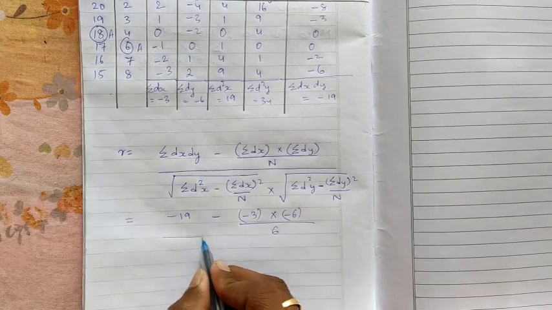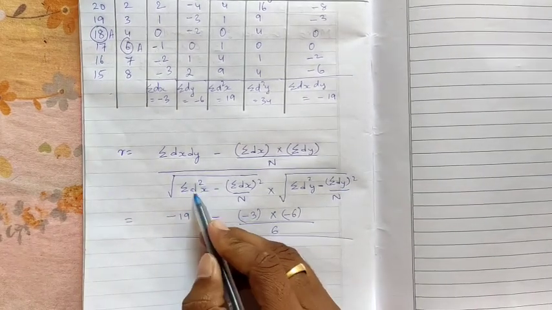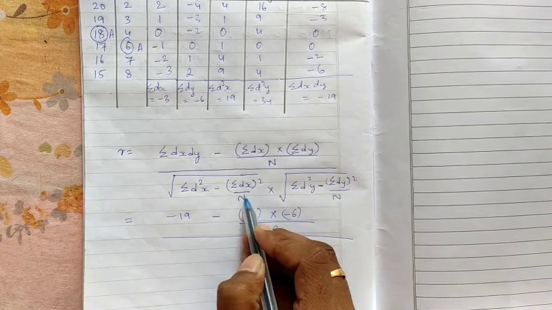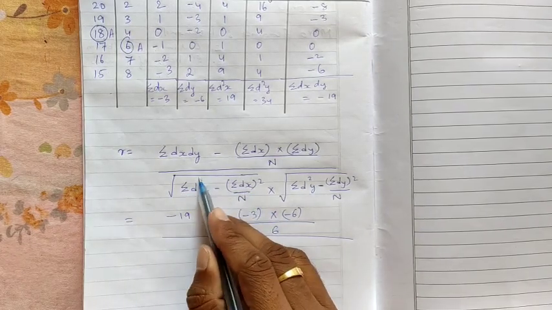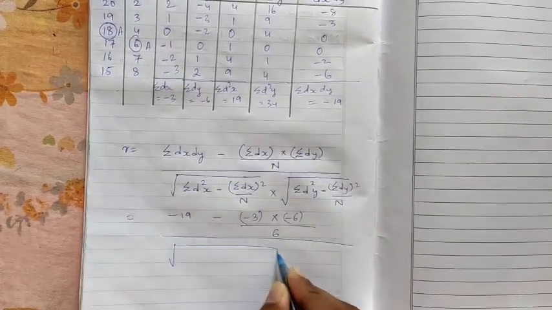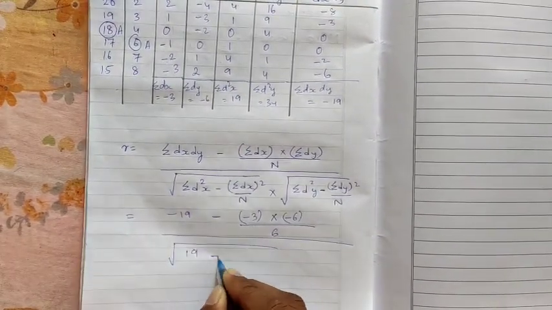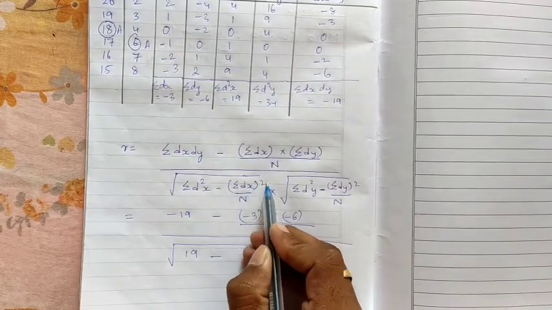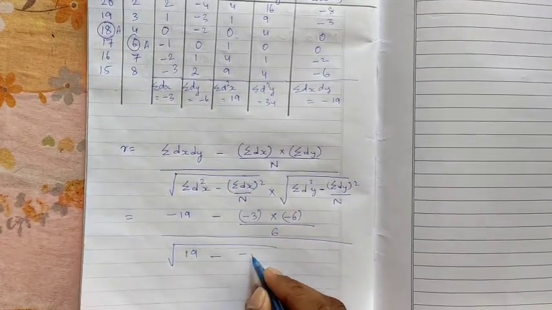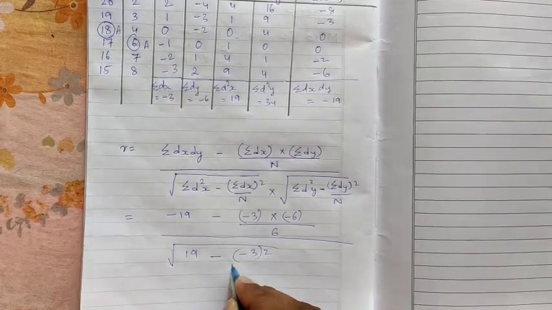This step is clear. Now the next step: under root, summation d square x minus summation dx the whole square by n. Summation d square x was 19. So under root 19 minus summation dx the whole square. The total of summation dx was minus 3, so minus 3 the whole square divided by n.